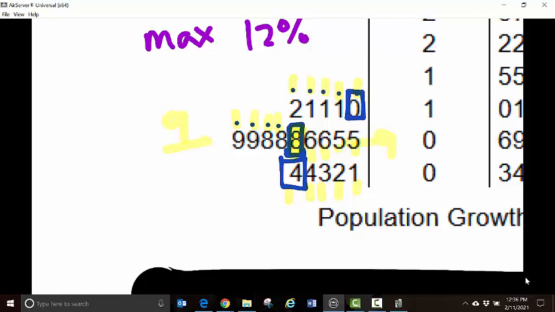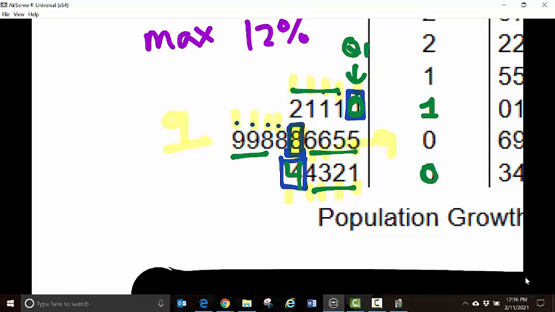I just counted to the middle. That's my median. And then if you cut that in half, I have 4 here and 4 here. So my Q1 would have to be 10. And my Q3, I've got 4 here, would have to be 4.